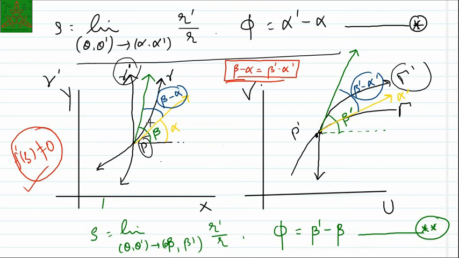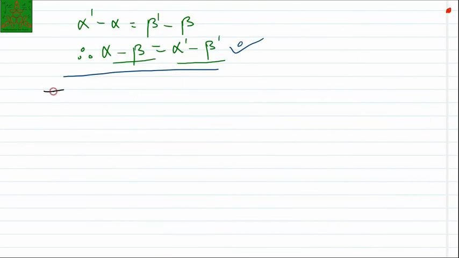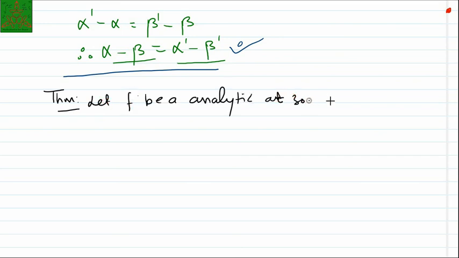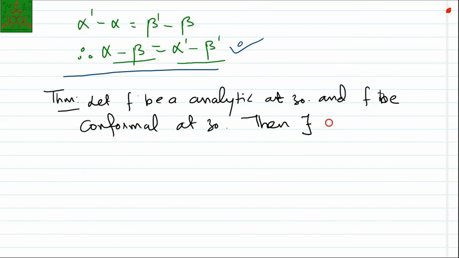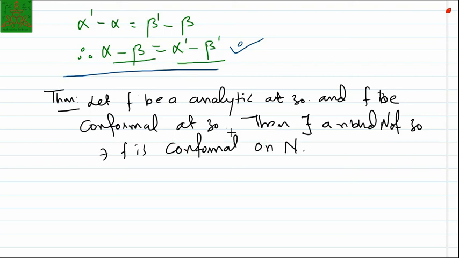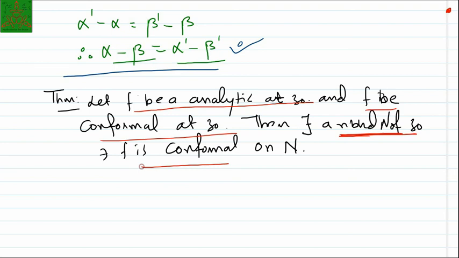Next is the theorem which states: let f be analytic and conformal at z0, then there exists a neighborhood of z0, let's say that neighborhood is N, such that f is conformal on N. It means that if f is analytic and conformal at one point, then there are infinitely many points at which the function is conformal.